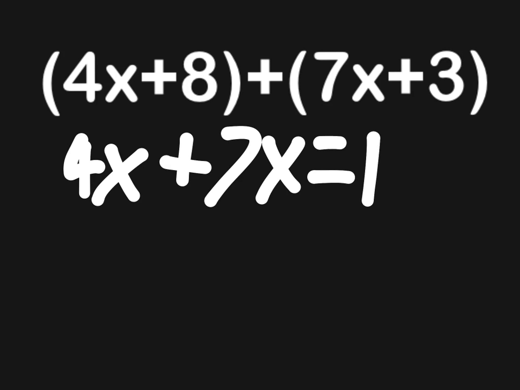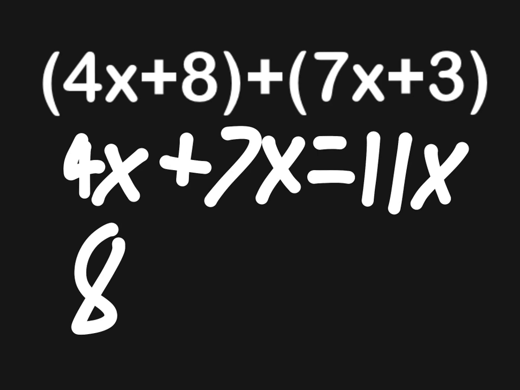Okay, if you had a problem like (4x + 8) + (7x + 3), you would first add the like terms. Easy peasy. 4x plus 7x equals 11x. Now you can't put 11x into 3 or 11x into 8, because they do not have an x.